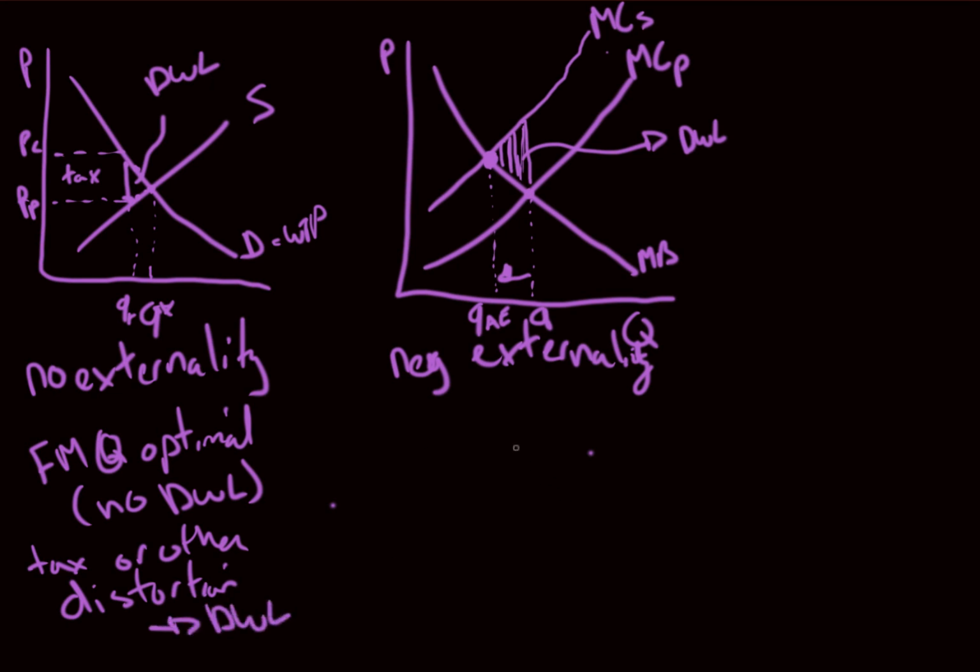Whereas when we have an externality, whether it's positive or negative, the free market quantity is not optimal. And actually, this normal quantity leads to a deadweight loss.